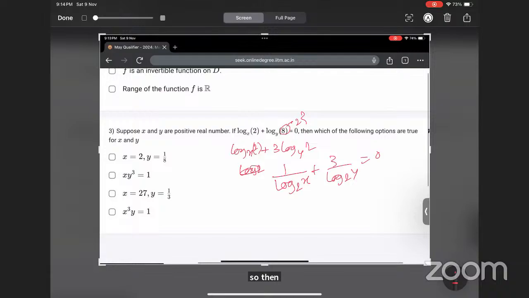Then it will be log 2y plus 3 log 2x equals 0, right? Ma'am, is it x square or x cube? This is not x square.